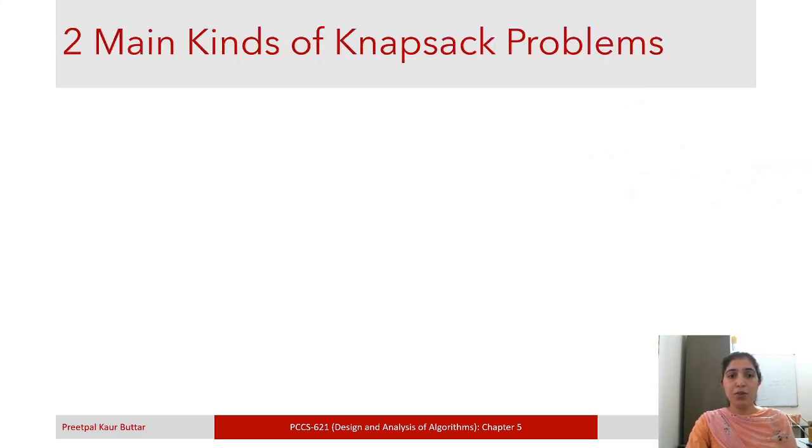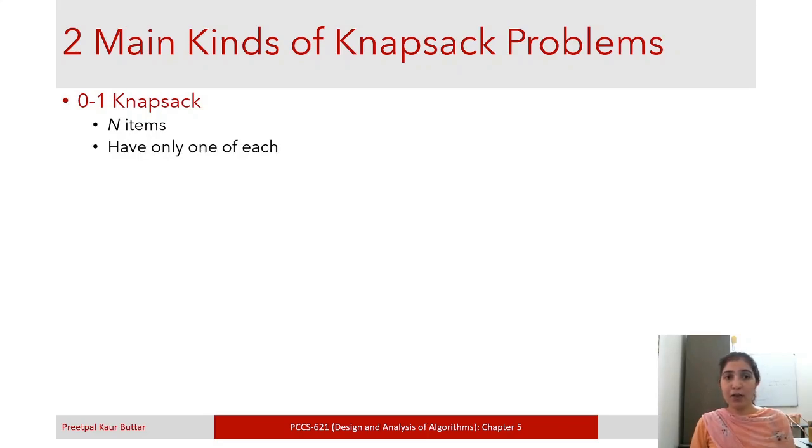These knapsack problems which we are discussing are actually of two kinds. The first kind is 0-1 knapsack. 0-1 knapsack means there are n items in the store and you can have only one of each.